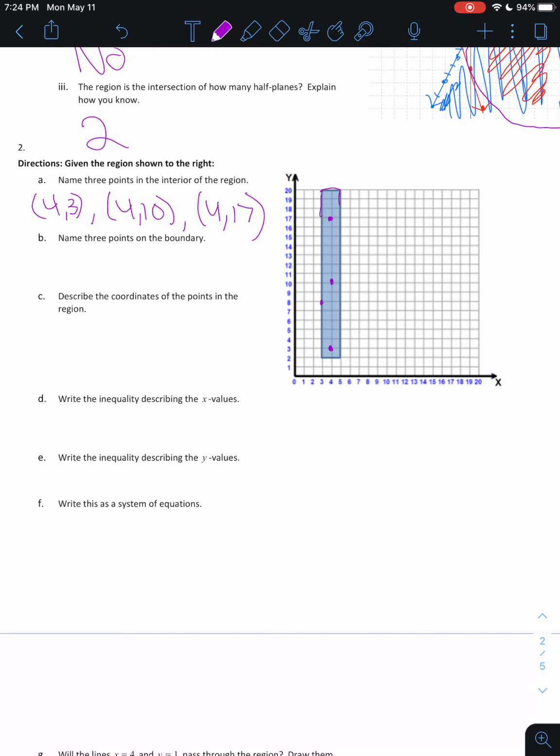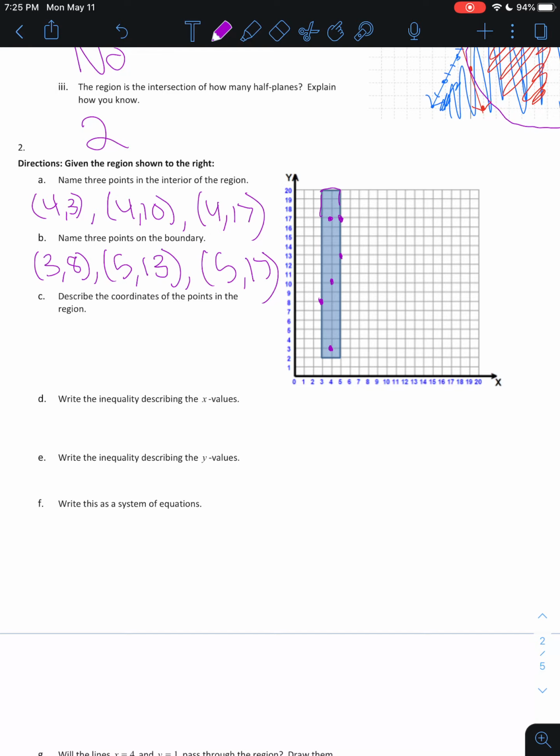So it could be this point here, that point there, this point up here. There are a million different answers you could put. So let's say this first one was 3, 8. Then we had 5, 13. And we also had 5, 17.